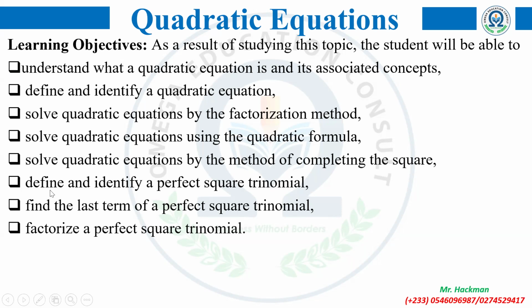Then define and identify a perfect square trinomial. Then find the last term of a perfect square trinomial. Then factorize a perfect square trinomial. The last three that you have here, if you know how to do that perfectly, then the particular objective just before the last three, we can easily deal with it.